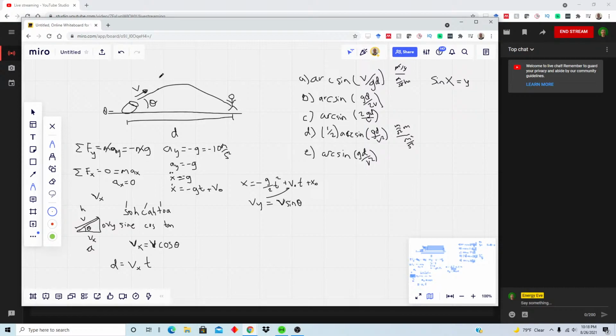Then it goes up to a certain point, and it's going to start going down. Notice in any parabola, there's a possibility of having 2 points across if you start at 0 going up and down. So there'll be 2 roots: one at time t equals 0 and another time. So when we solve for this, we want to look at the final position 0. The starting position is at 0 as well.